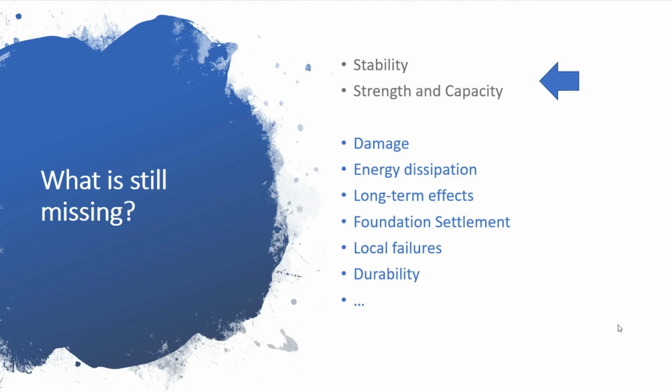For example, damage. Sustained damage after a certain loading is applied and then unloaded, or repeated loading, energy dissipation, long-term effects like creep and shrinkage that I mentioned, foundation settlement, soil structure interaction, local failures, and durability. So these are the things that we still haven't considered.